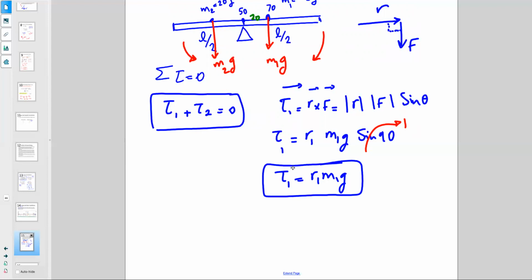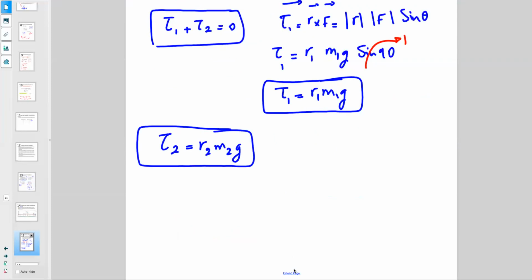Tau 2 would be the same, R2 M2 g, because it is the same thing, but this is causing a counterclockwise motion. So it has the same formula.